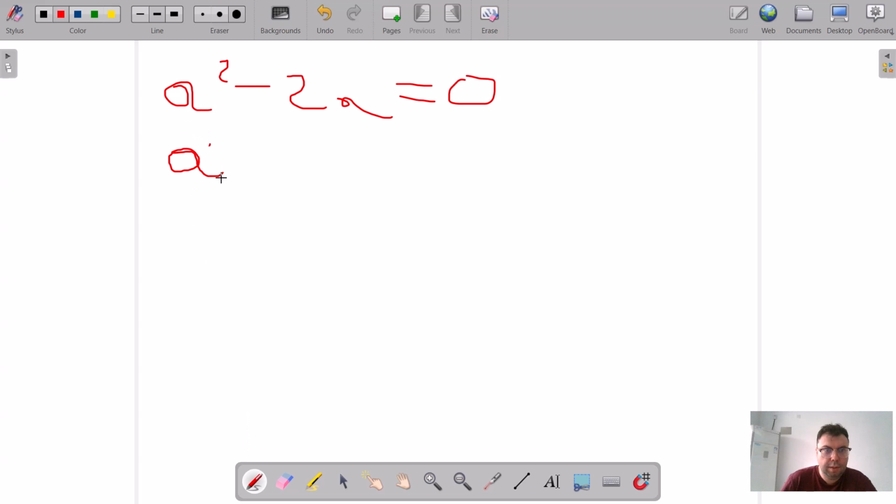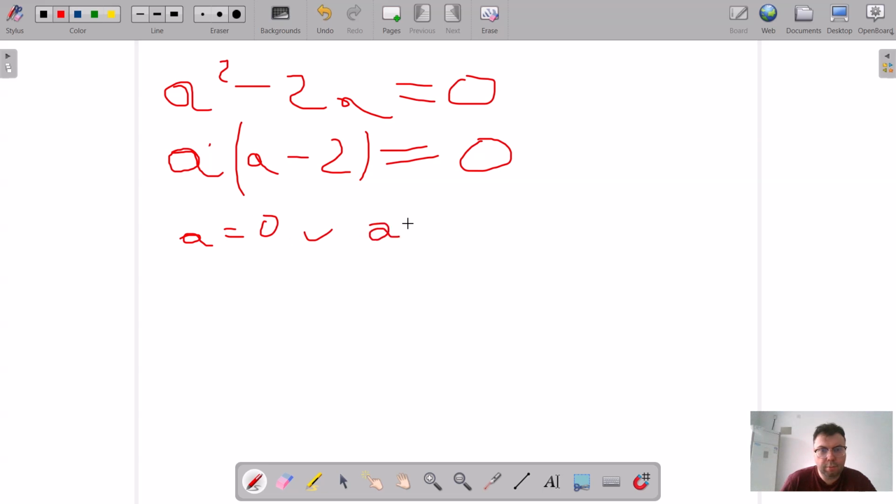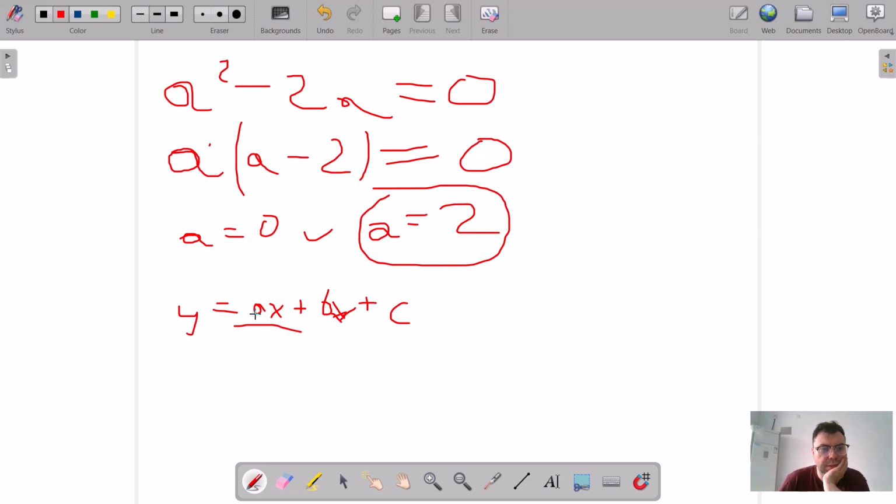We move a before the bracket to get rid of the square, and we have a times a minus 2 in brackets equals 0, and the solution is a equals 0 or a equals 2. We choose a equals 2 because in the general formula y equals ax squared plus bx plus c, it wouldn't make sense if a is 0, because then the x squared term would vanish. That's why only this one makes sense.